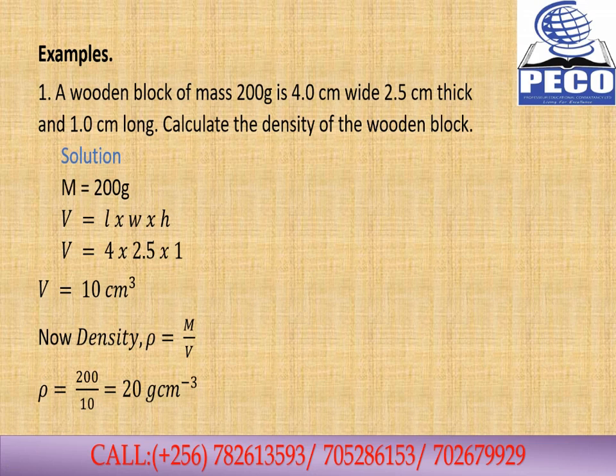Now, the unit is grams per cubic centimeter because you have mass in grams and you have volume in centimeters cubed. Good. Let's proceed to our second example.